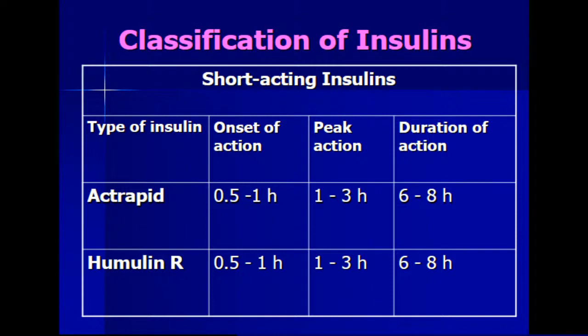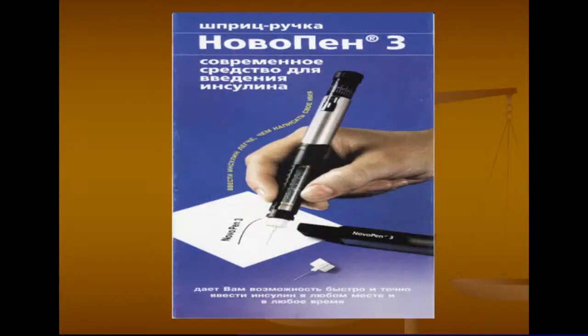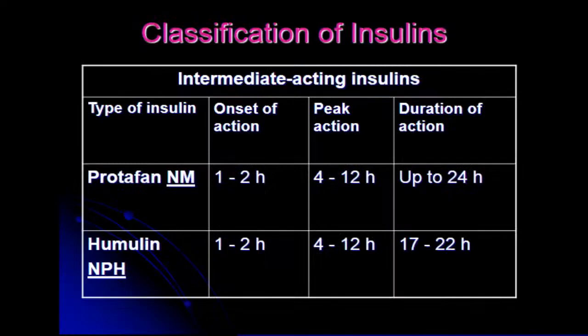Peak action, 1 to 3 hours, and duration of action, 6 to 8 hours. And you see, it's Actrapid, Novopen 3, and Humulin R.